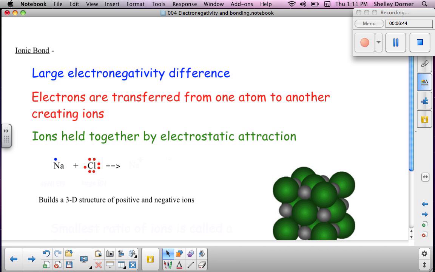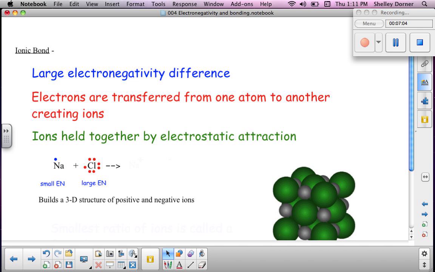As we think about this, let's consider the bond that results between sodium and chlorine. Sodium is an element with one valence electron and a very small electronegativity. Chlorine has 7 valence electrons and a very large electronegativity.